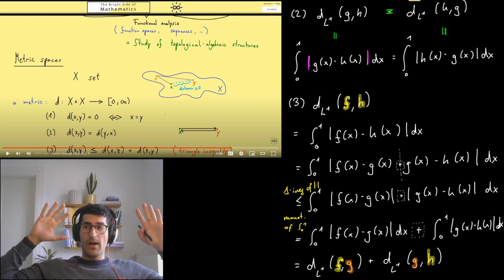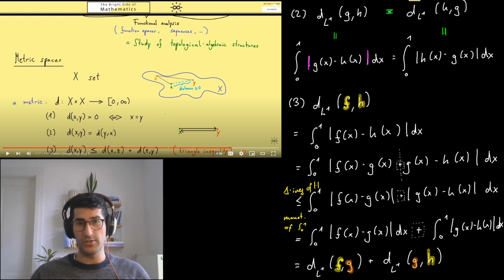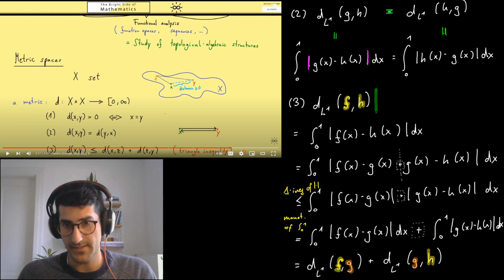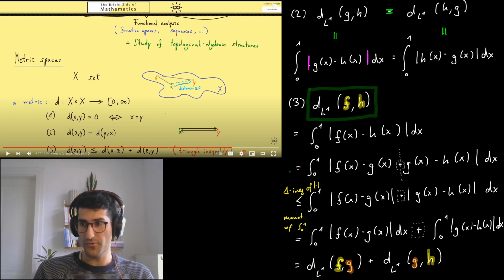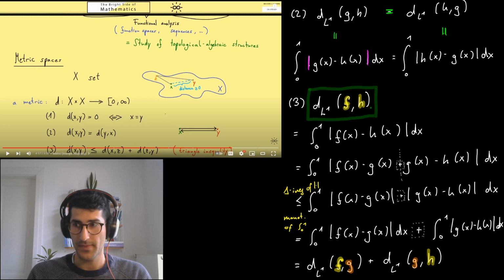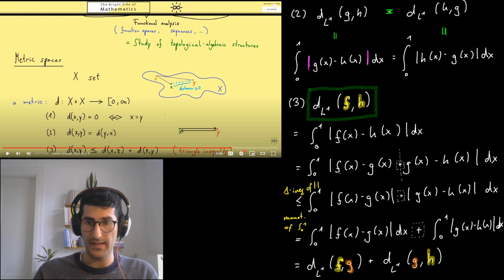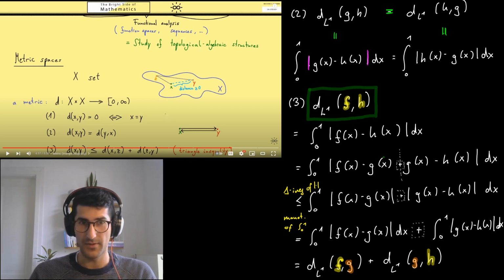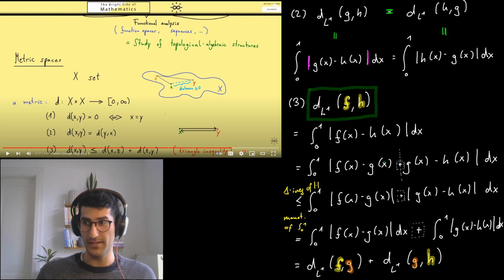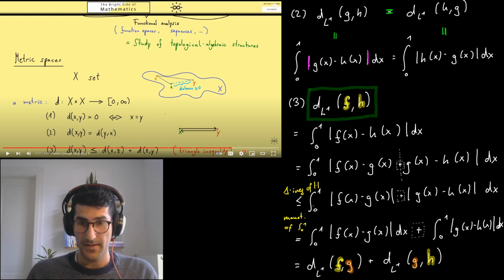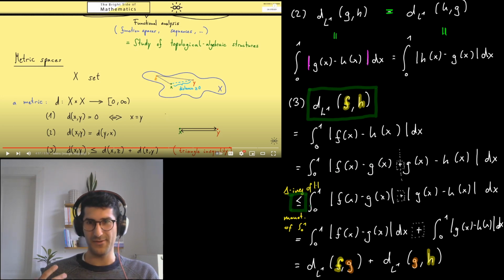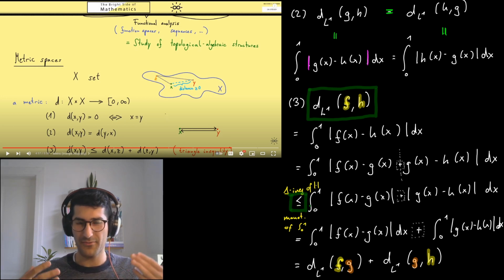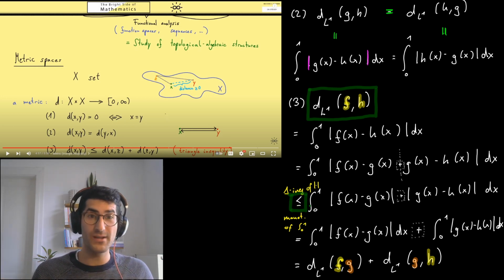Let us zoom out and take a look at what we just proved. We started out with the L1 distance between two functions f and h. We fiddled in a function g, so to say the third corner of our triangle. Then we used the triangle inequality, but not of the metric that we are going to work with, but of the absolute value, which we already know fulfills this property.